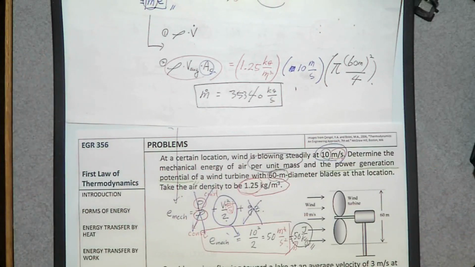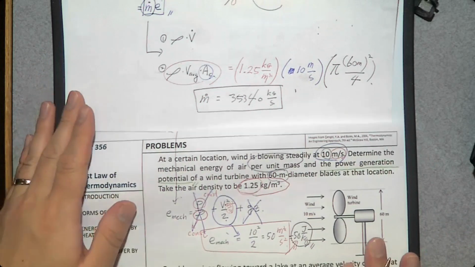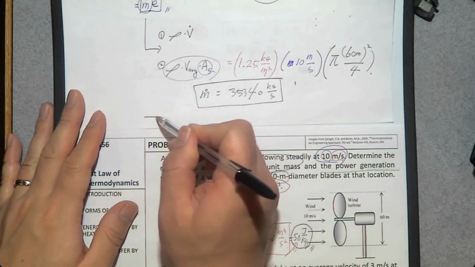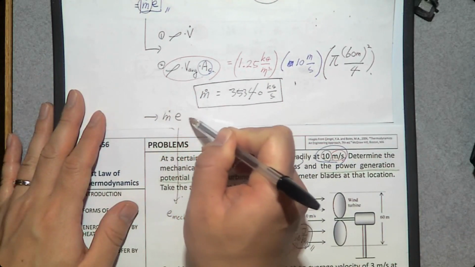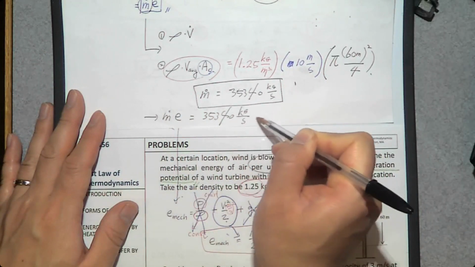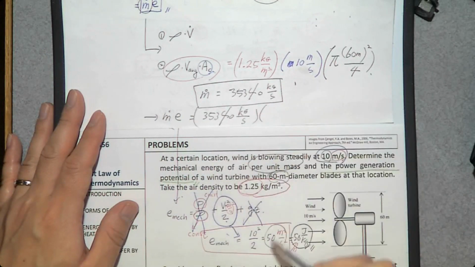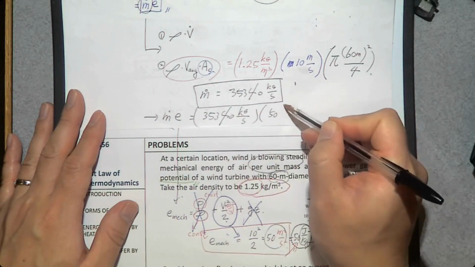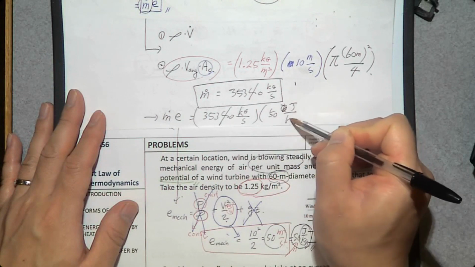So now we have the mass flow rate and the specific mechanical energy. If you multiply mass flow rate by specific mechanical energy, we get the power generation potential. So the power generation potential is going to be m dot times e: 35,340 kilogram per second times 50 joule per kilogram.